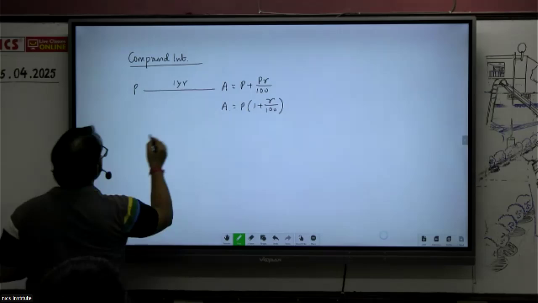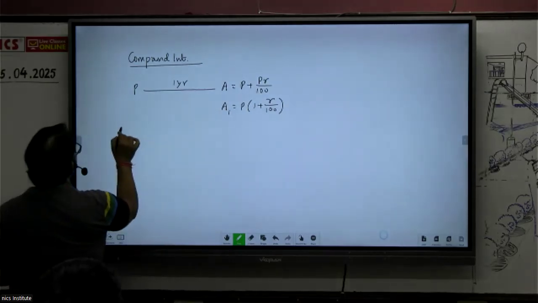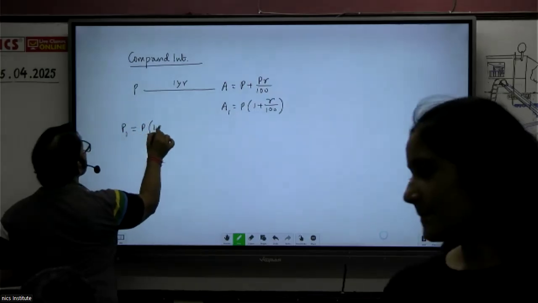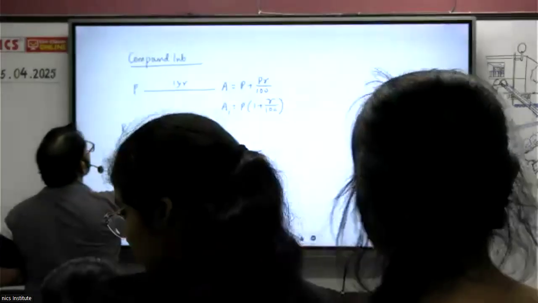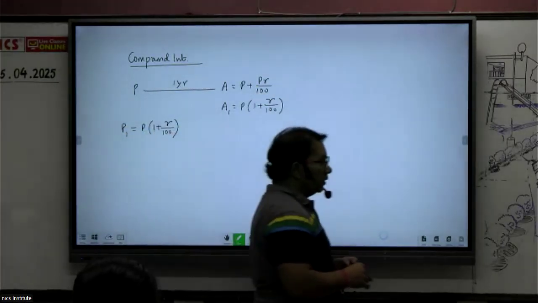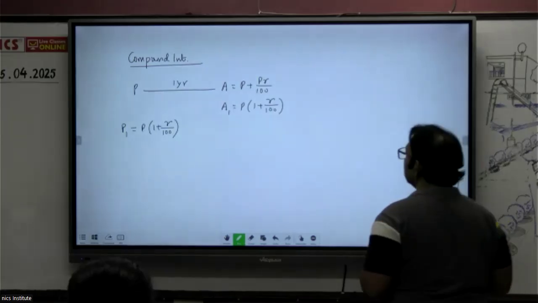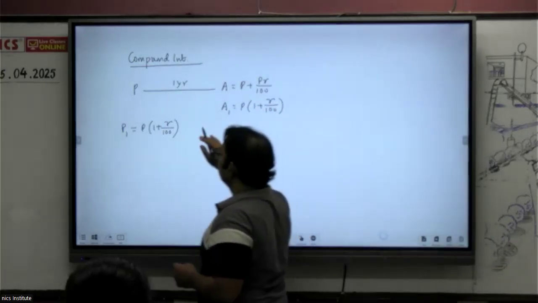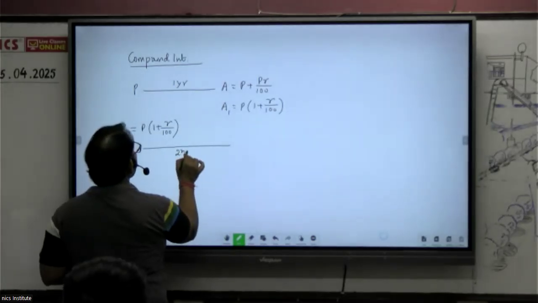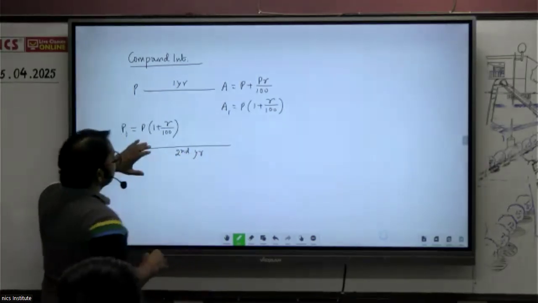But for the second year, your new principal would be this P into 1 plus R by 100. So the principal for the second year will become this amount, and you'll calculate the interest on this amount.